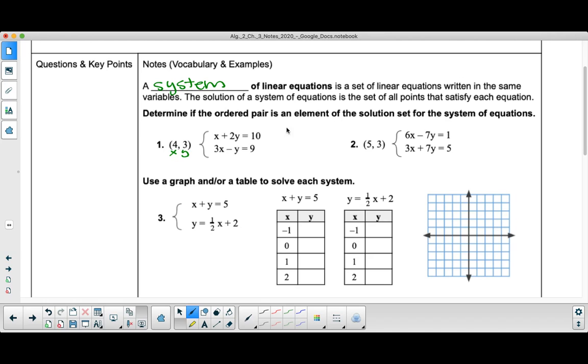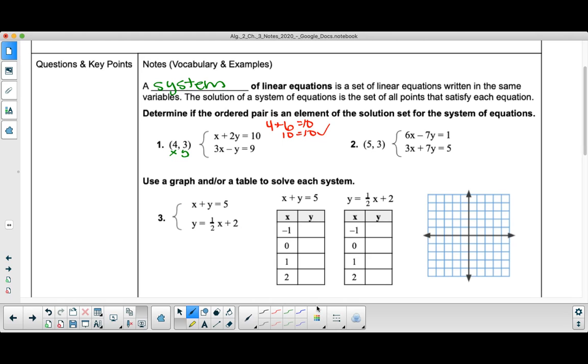So if x is 4 in this first equation, we do 4 plus 2y, y is 3, so 2 times 3 is 6, equals 10. Well, 4 plus 6 is 10. Is 10 equal to 10? Yes, it is. So it works out in that equation.